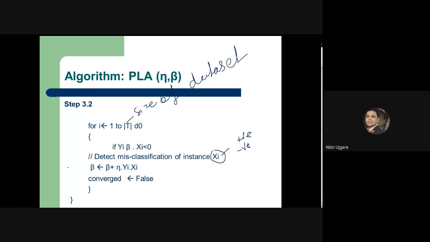Okay, so using the learning rule for the positive class, we update the weight. Beta is equal to beta plus eta into yi into xi, and again we set converge, the value of this Boolean variable, to 0, that is false.